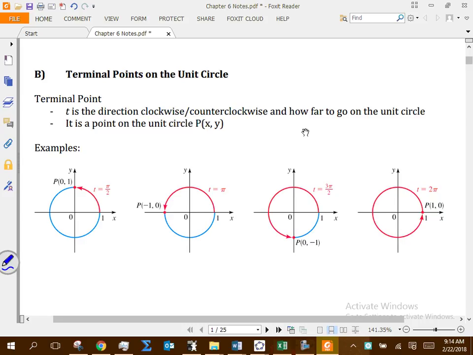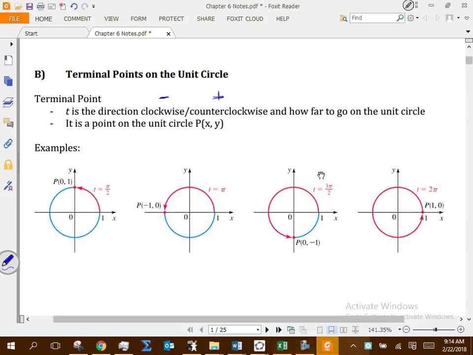Clockwise is going to be a negative number, and counterclockwise will be a positive value. And it's essentially telling you how far we're traveling around the unit circle. So it's actually going to be an arc length. Does that make sense? It's going to be some portion of your circumference.